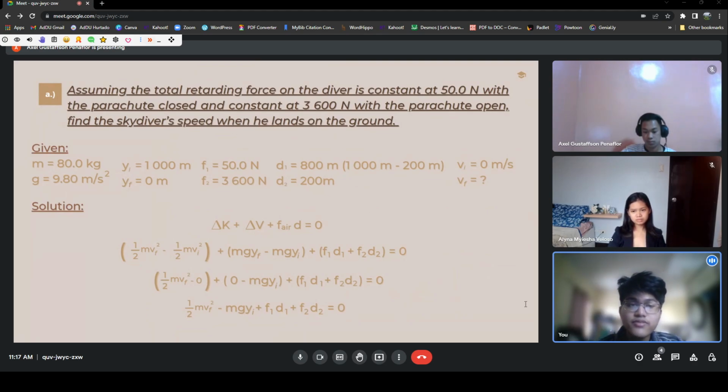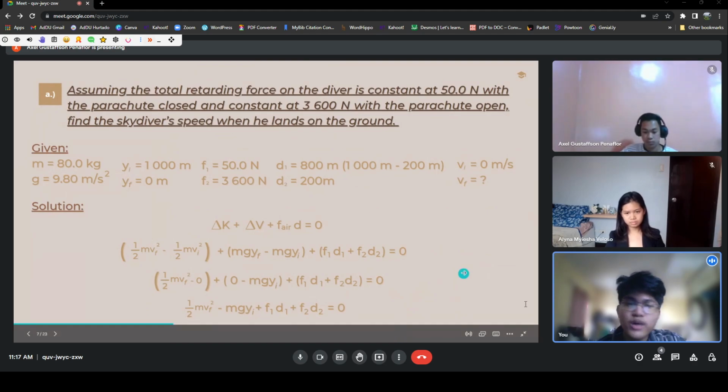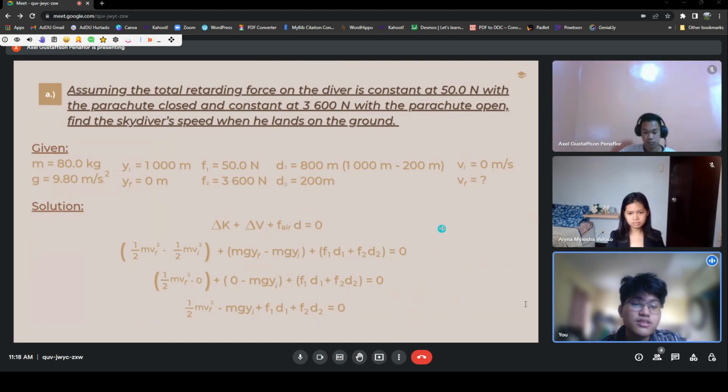Since there are two given forces, we'll label the lesser force, which is 50 newtons, as F sub 1, and the greater force, F sub 2, is equal to 3,600 newtons. It is also applicable with the given distances, where d sub 1 is equal to 800 meters, which is from 1,000 meters minus 200 meters, and 200 meters is d sub 2.